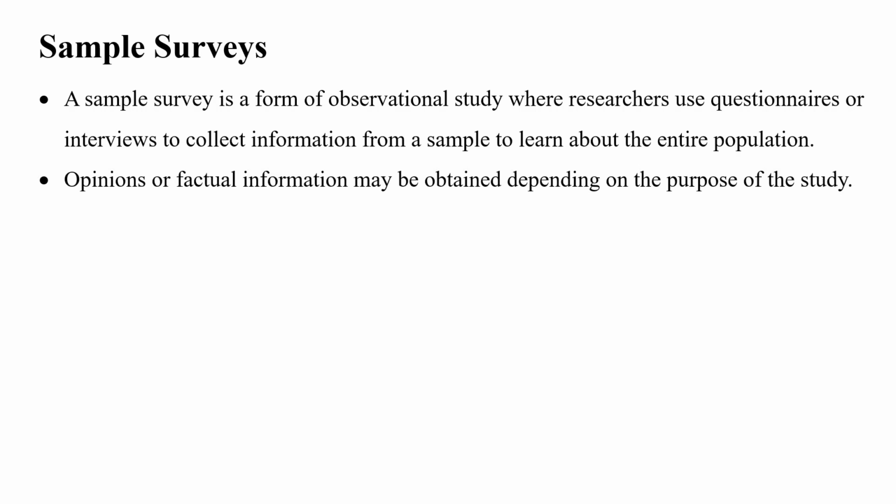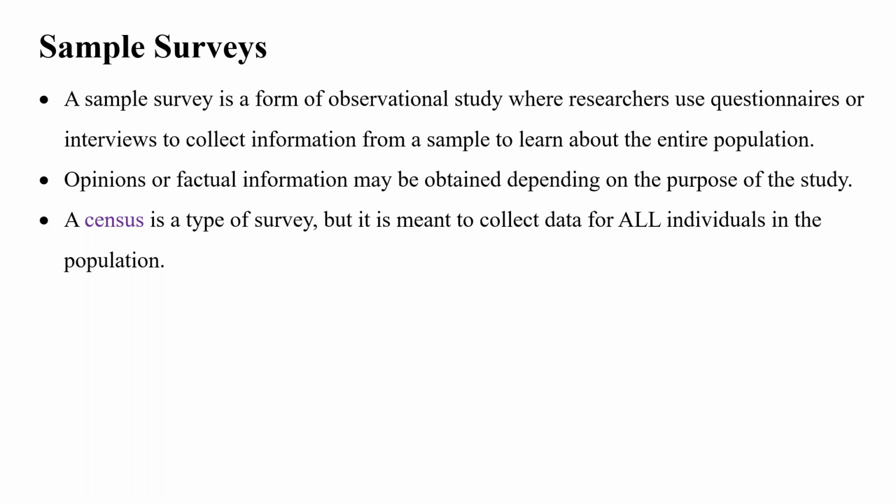Okay, it might be opinions or it might be some sort of factual information. So, like, what's your opinion on who's running for president? Or it could be factual information like, okay, let me gather your height and your weight. Like, tell me what it is. Sample surveys are used across the board for those types of information.